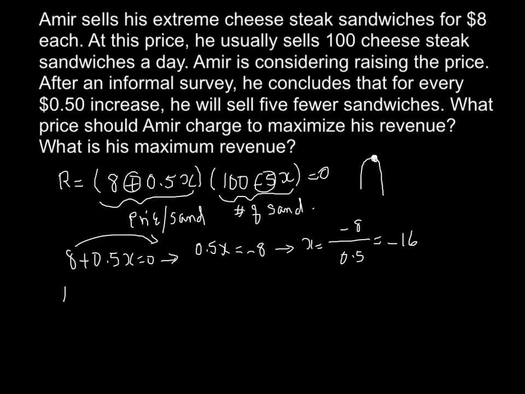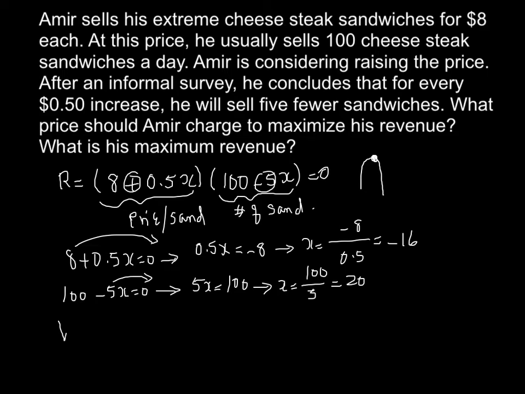The next equation we have to solve is 100 minus 5x is equal to 0. So again, this time I bring negative 5x to the right. I get 5x is equal to 100. So x is equal to 100 over 5, which is equal to 20. So I get two x-intercepts, negative 16 and 20.